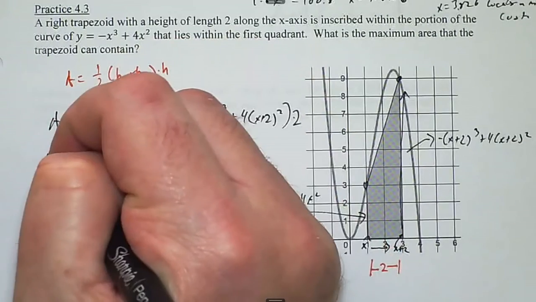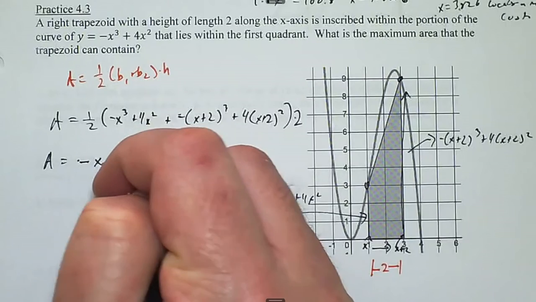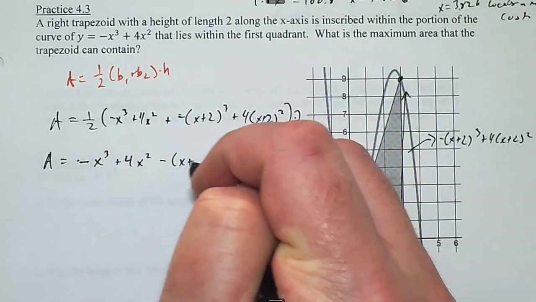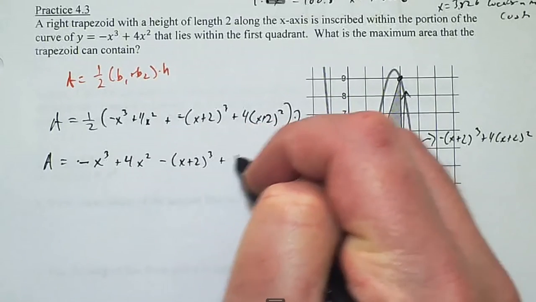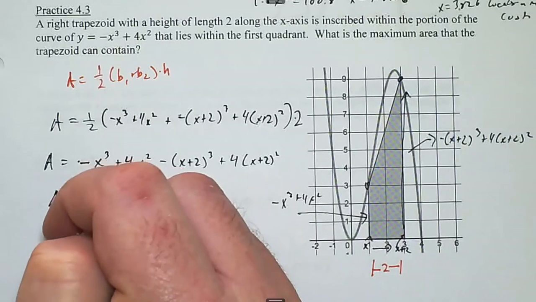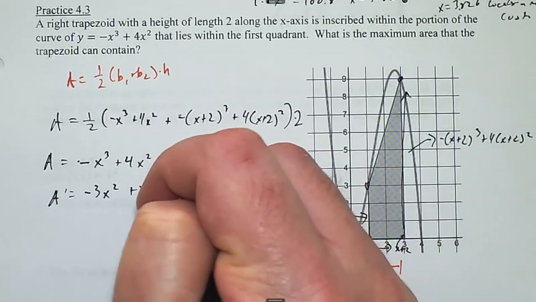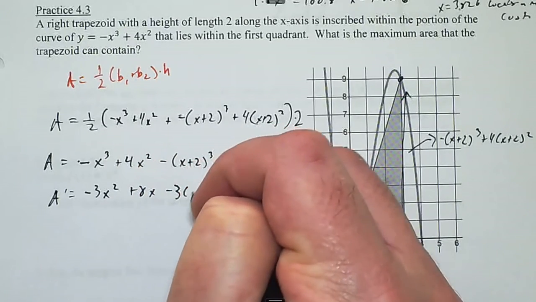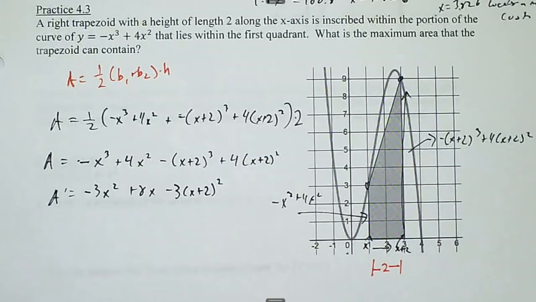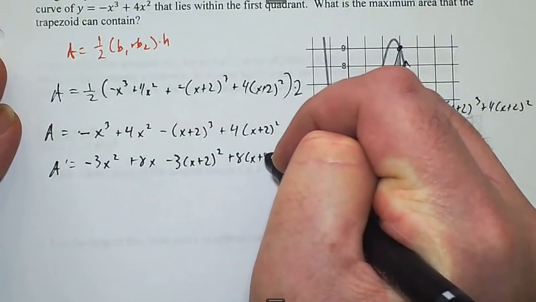So let's take our derivative, but let me just clean this up a little bit. All right, we'll take the derivative now. A prime is equal to negative 3x squared plus 8x, minus 3 times (x plus 2) squared times the derivative of the inside, which is only a 1, plus 8 times (x plus 2).